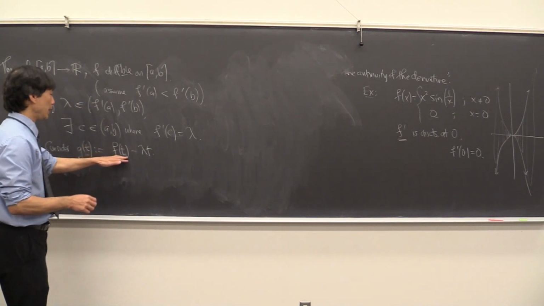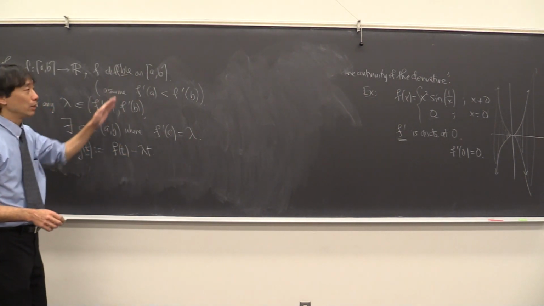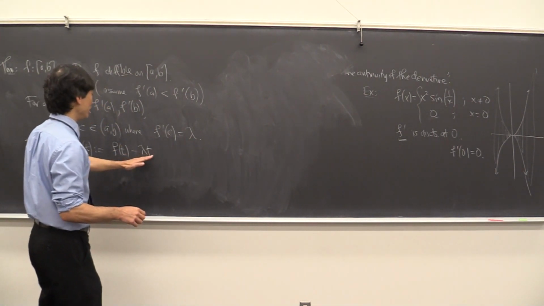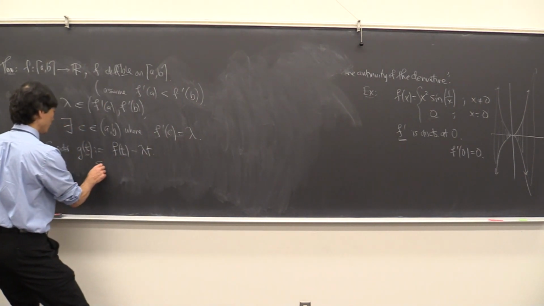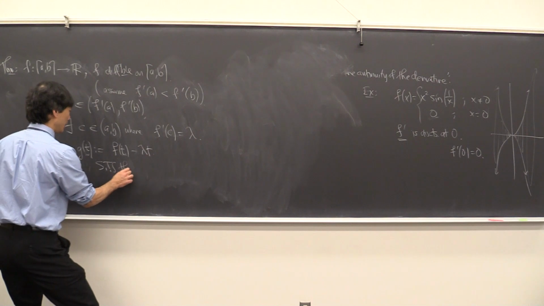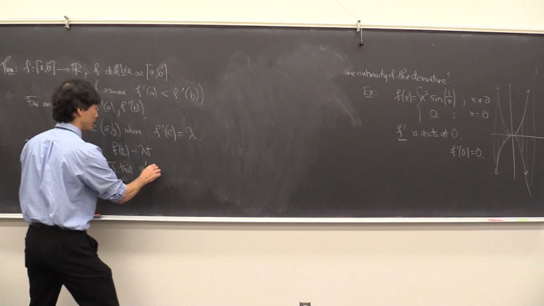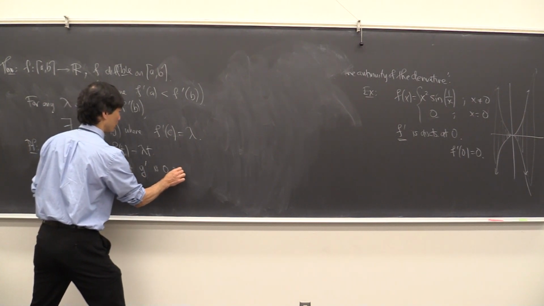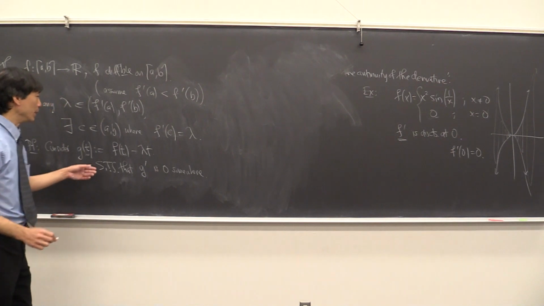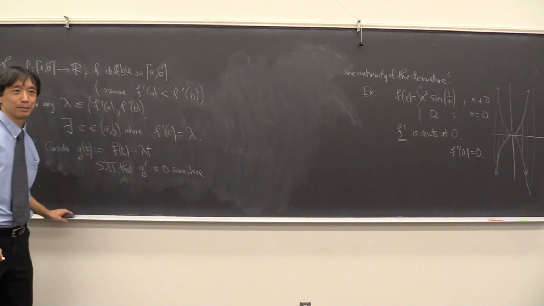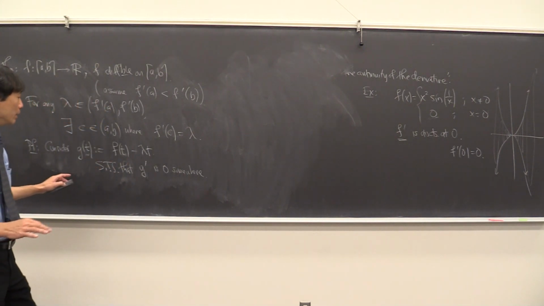Right? So let's look at this thing. You take your function and you subtract off the line of slope lambda, and of course it suffices to show that g prime is 0 somewhere. Right? Because that would mean that f prime is lambda.